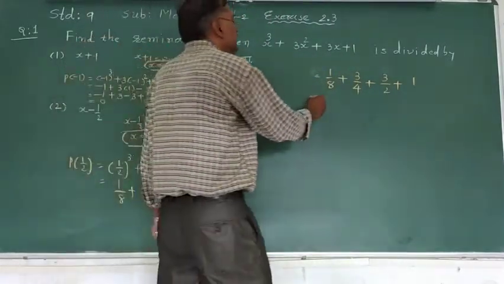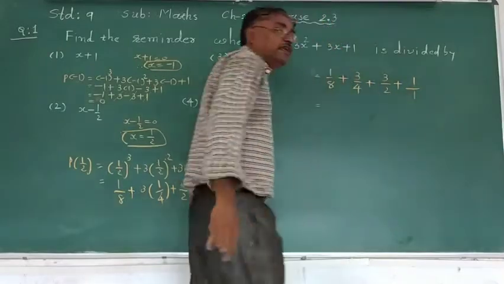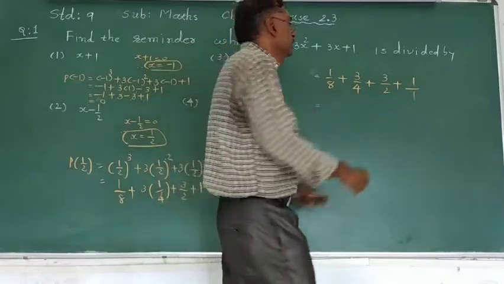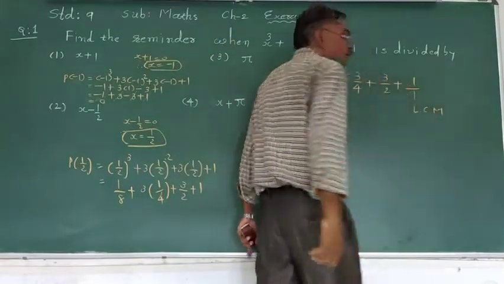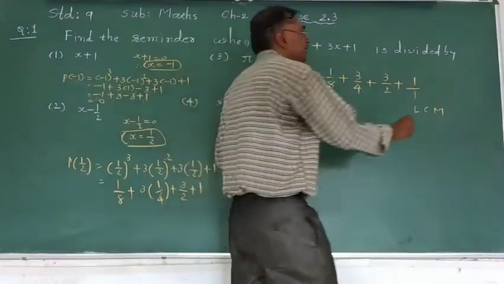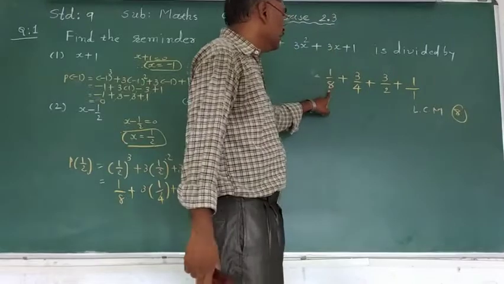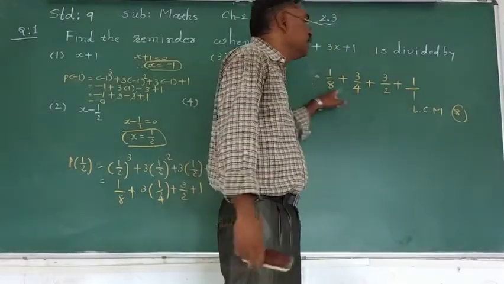Here no denominator is given for the 1, so we can consider it 1. So the denominators are 8, 4, 2 and 1, so the LCM will be 8. How? 8 ones are 8, 4 twos are 8, 2 fours are 8 and 8 ones are 8. So the LCM will be 8.